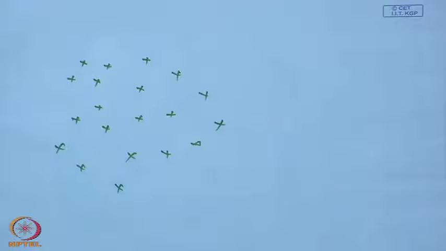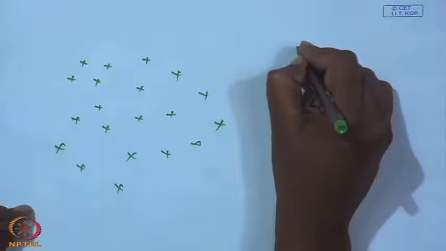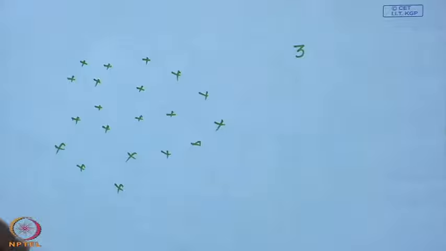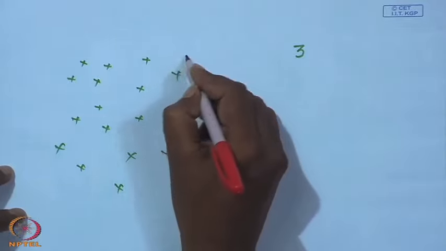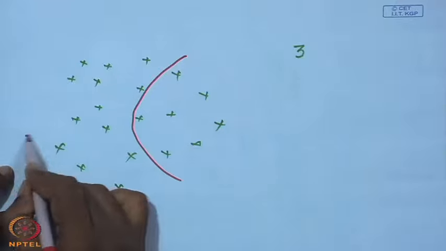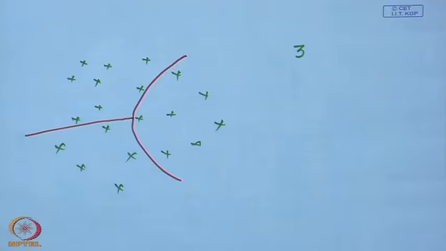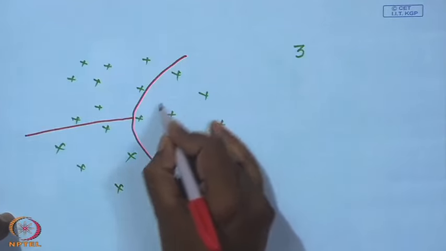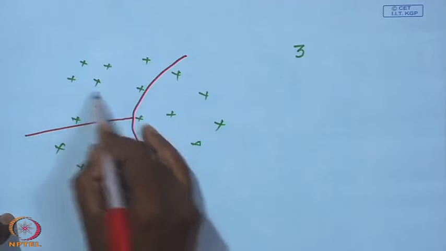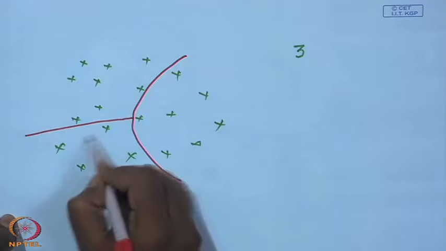So, these are the set of feature vectors. Now, suppose I want to form 3 clusters. So, initially what I do is, arbitrarily, you partition this set of samples into 3 different clusters. So, this cluster contains these samples, this cluster contains these samples, this cluster contains these samples, and so on.